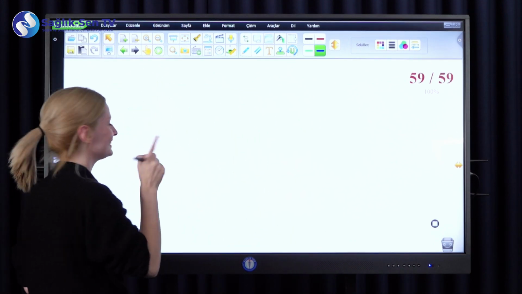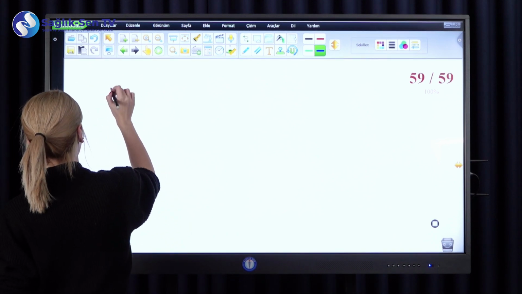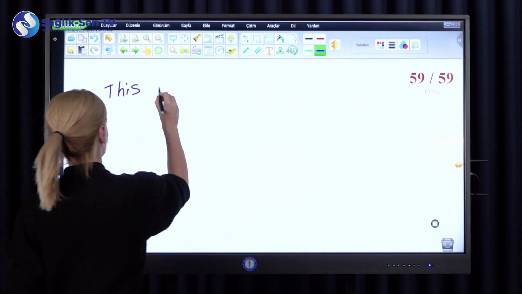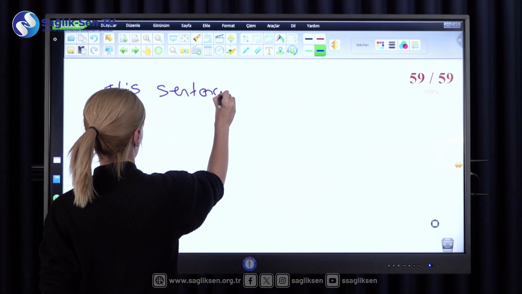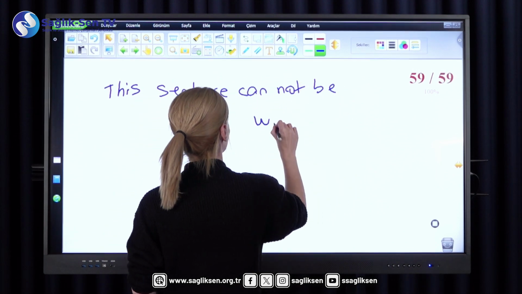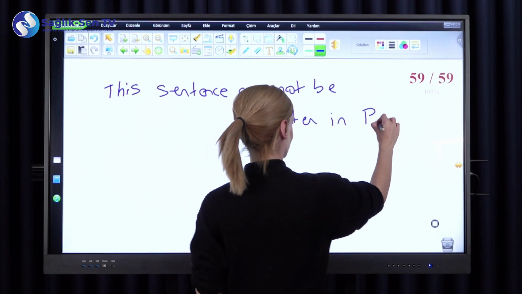For example, I just said a sentence. I said this sentence cannot be written in a passive voice.